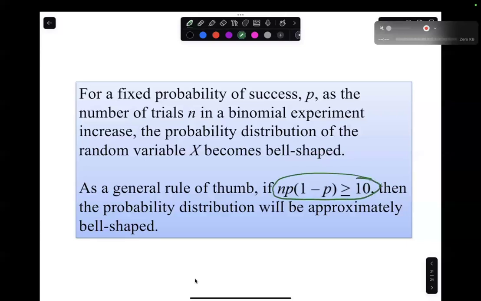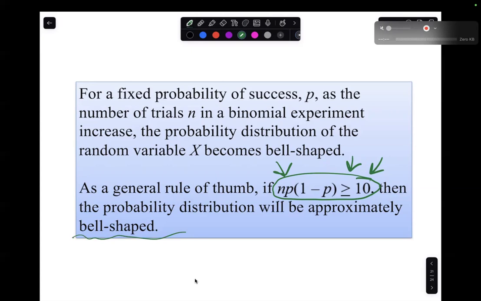On your quiz, when you answer the question, I believe it specifically asks under what circumstances it becomes more bell-shaped. I want to make sure you put this in there. It becomes bell-shaped as the number of trials increases if NP times 1 minus P is greater than or equal to 10. So this is the number of trials times the probability of success times the probability of failure. If it is greater than or equal to 10, then we are bell-shaped.